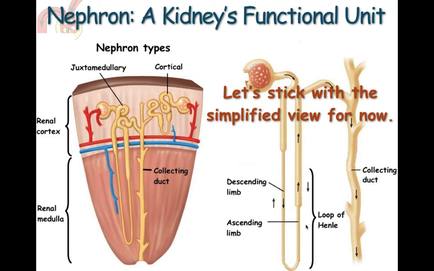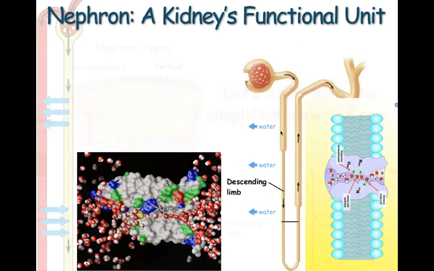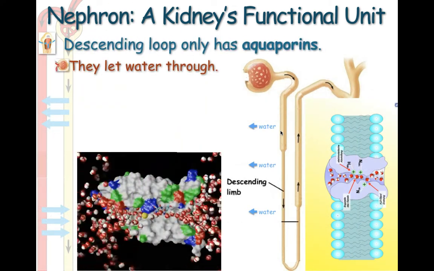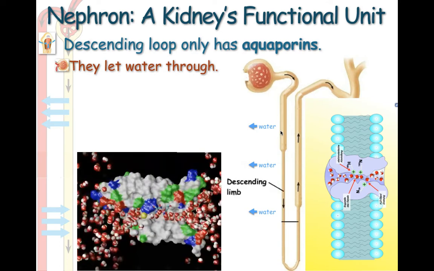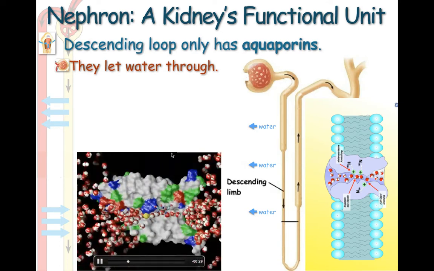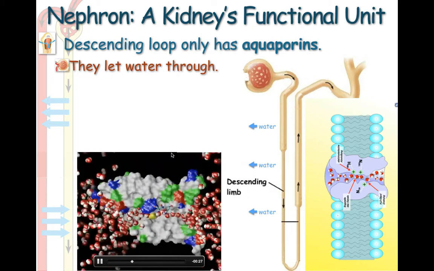Let's stick with the simplified view for now. The substance that leaks out of the glomerulus and starts moving through the proximal tubule is called filtrate. So that filtrate makes its way down to the descending limb of the loop of Henle. And what happens in that descending limb? Well, in the descending part of the loop of Henle, it is completely filled with a protein called an aquaporin.